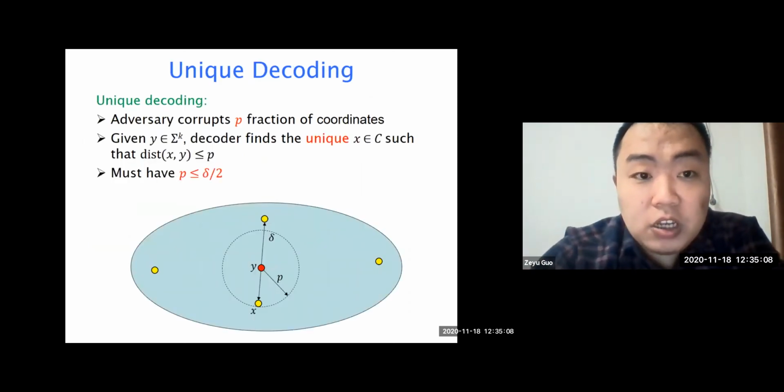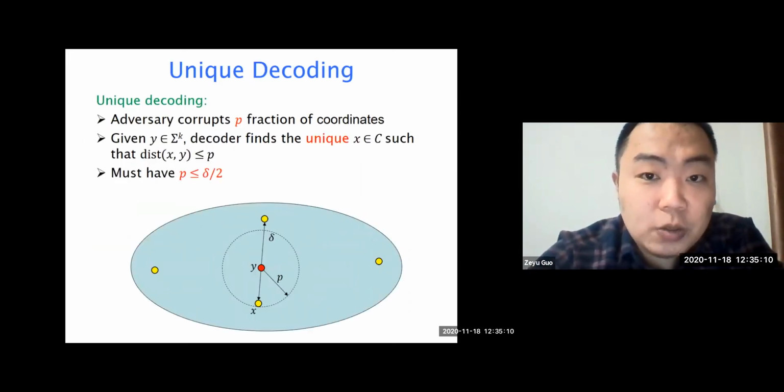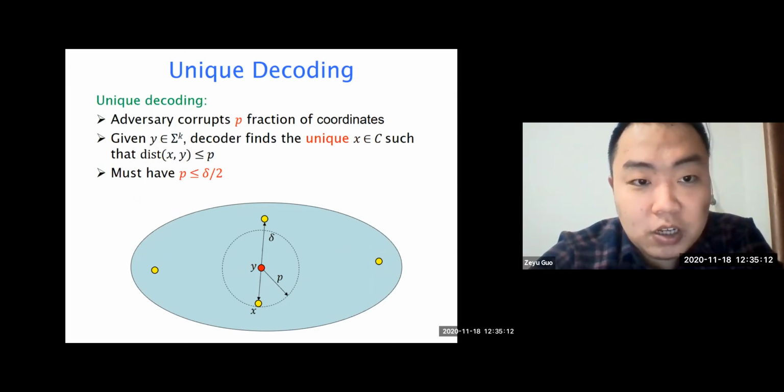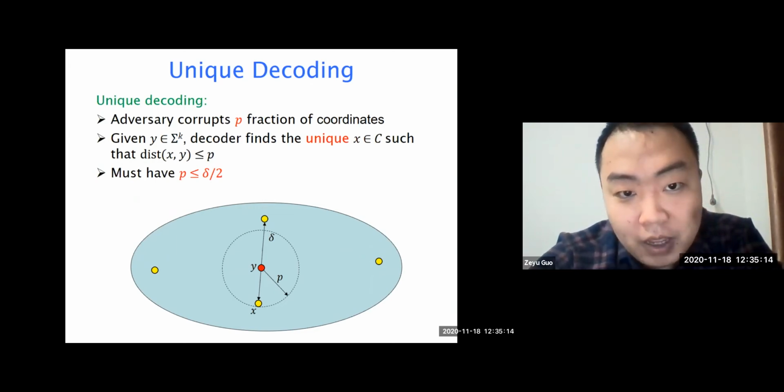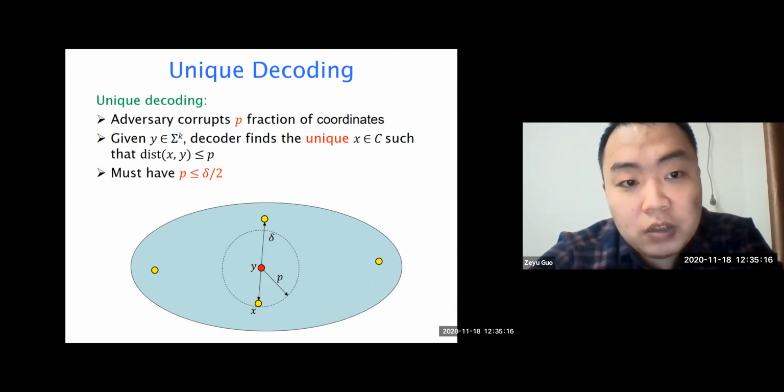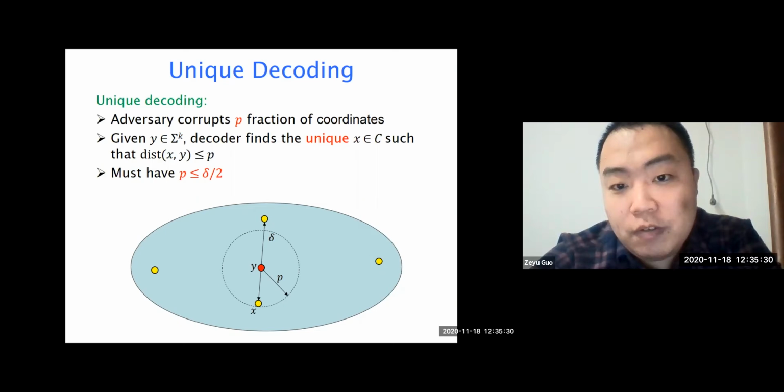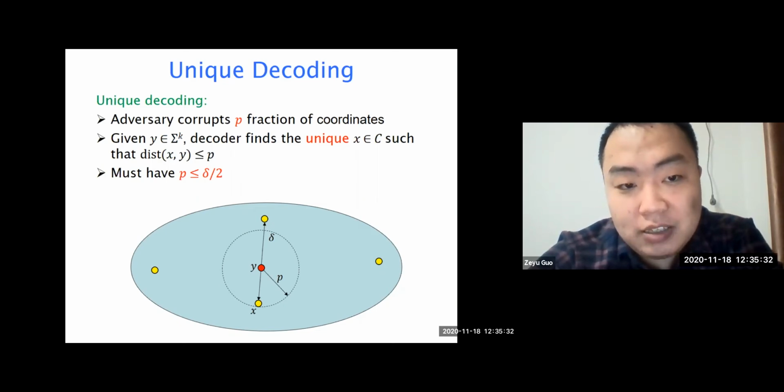Now we can talk about decoding. The traditional notion of decoding is unique decoding. Let's consider a model where the adversary could corrupt a p fraction of coordinates. Given a received word y that comes from some code word x, the decoder wants to find the unique x it comes from.